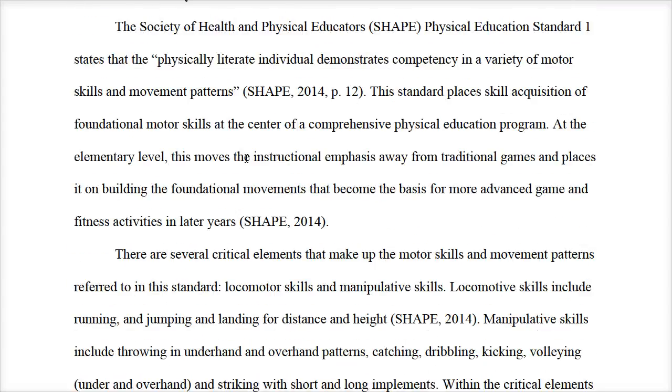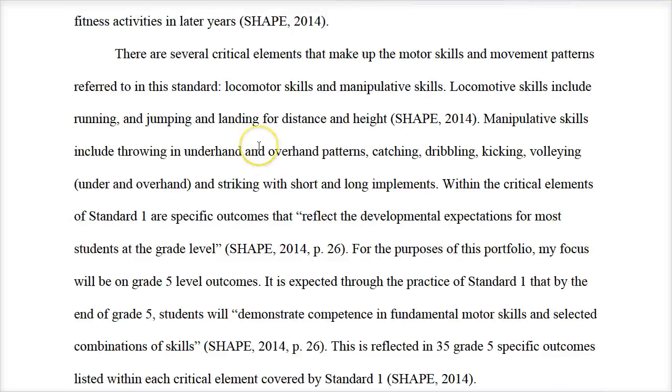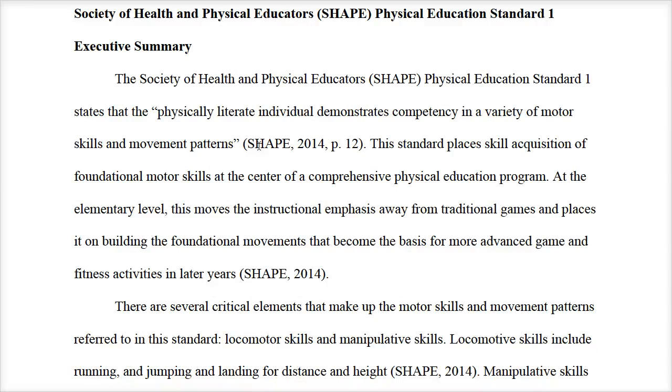You don't know what any of this stuff means. And so by reading these 2 paragraphs, you should have a fairly decent understanding of what that PE Standard 1 means. And that's the whole idea, is I'm trying to get you to explain these concepts that we have a really good understanding of because we live in them, so somebody else can understand them.